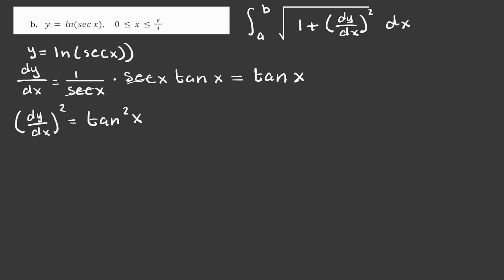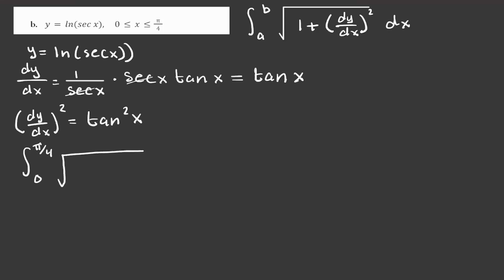After we have the required information, we input it into the integral from a to b, which is the integral from 0 to pi over 4. Our conditions are given.